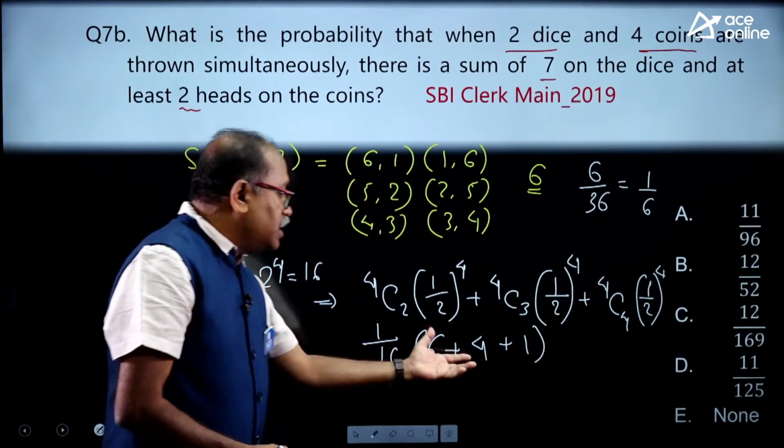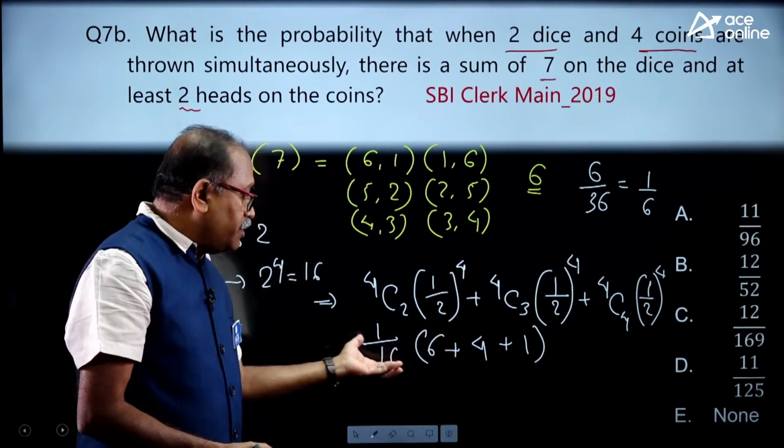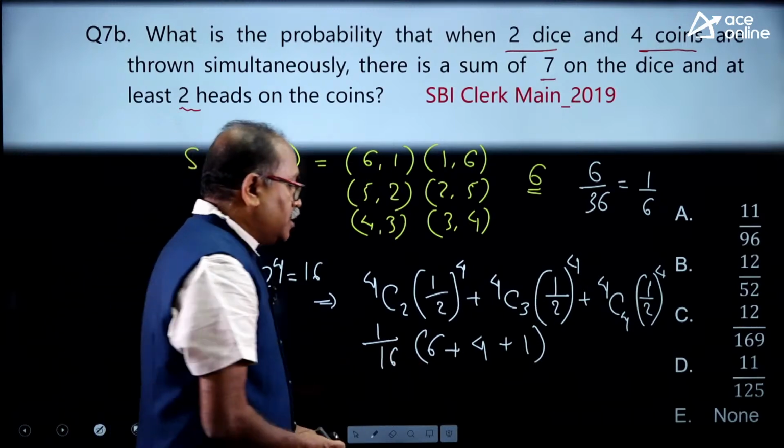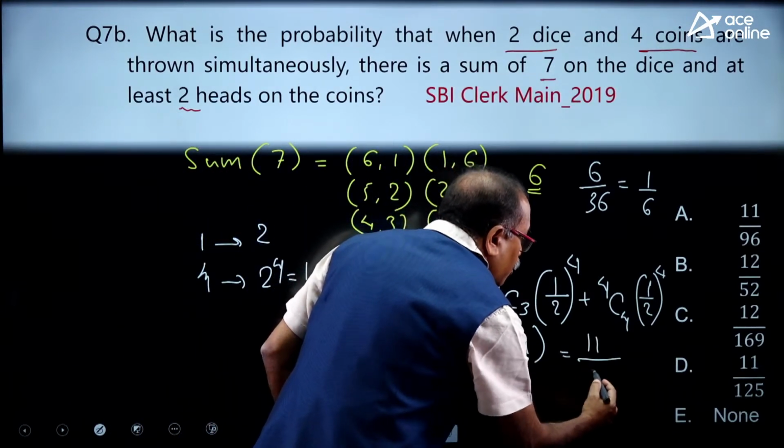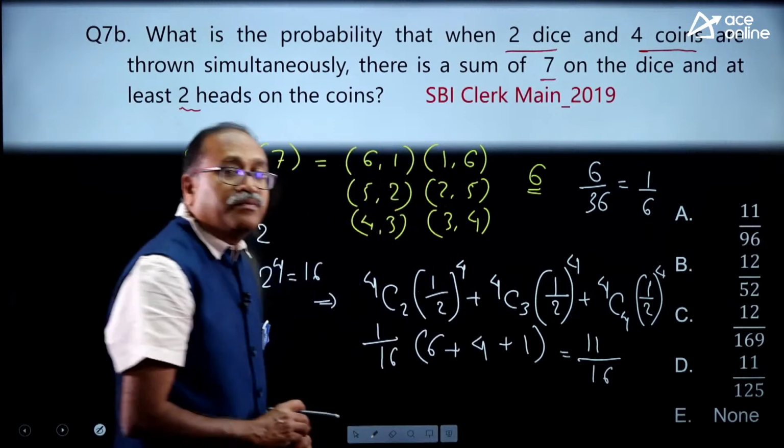The total is 11. So 11 by 16. Am I right here? So this probability is 11 by 16.